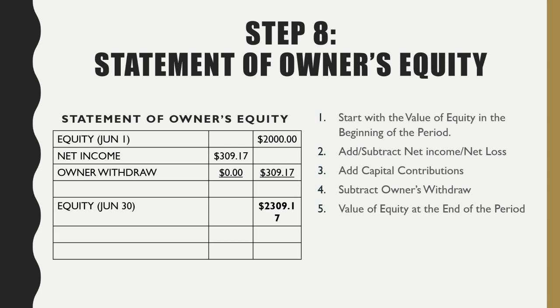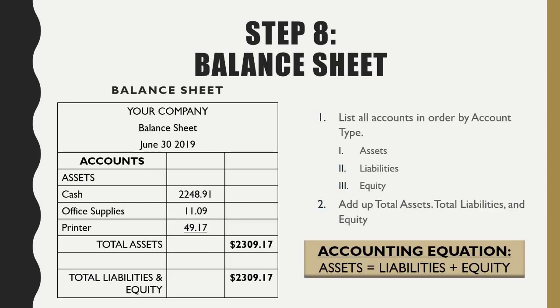All right? Now, once we've done that, the next step is to complete your trial balance. Okay? You already are given your new equity, so you can take that equity and place it into the equity portion of your balance sheet. Okay?